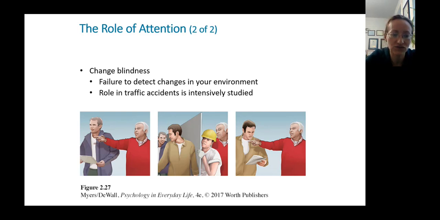And while that interruption is happening, and somebody's walking past with a piece of drywall, another research assistant comes in and swaps. They switch places. So first you're talking to this guy with blonde hair, and then while this is happening, a new person who's got a different color shirt and different hair is now talking to you. And most people don't notice that it's a new person.